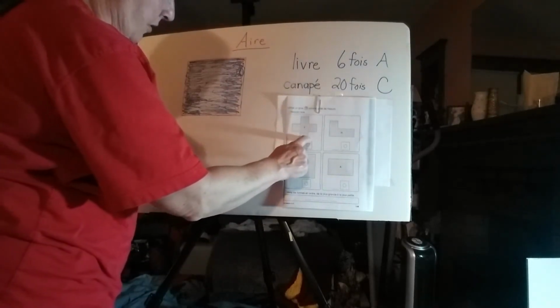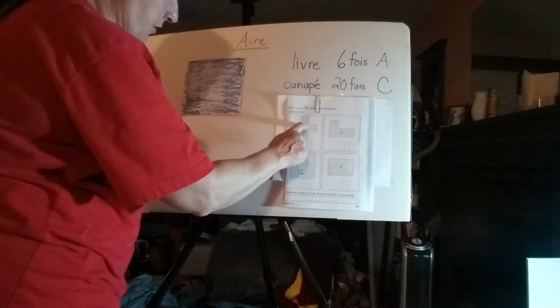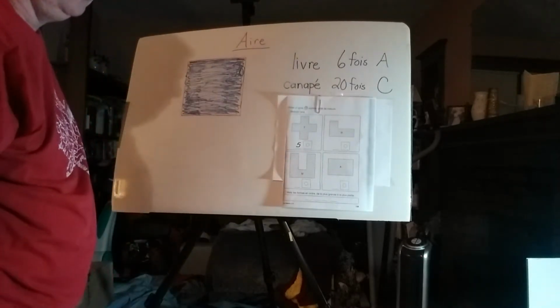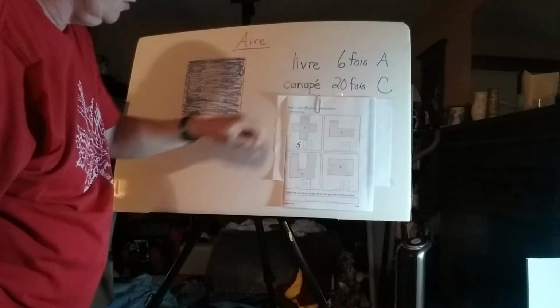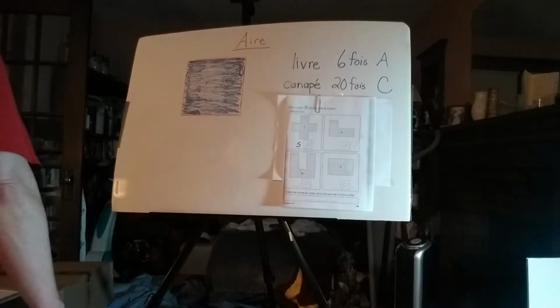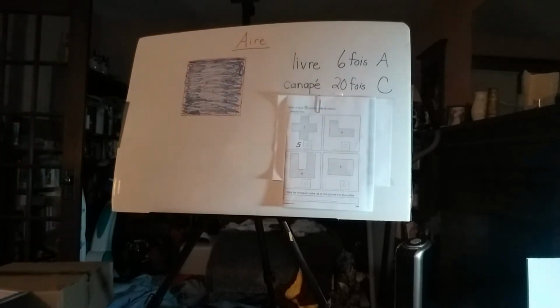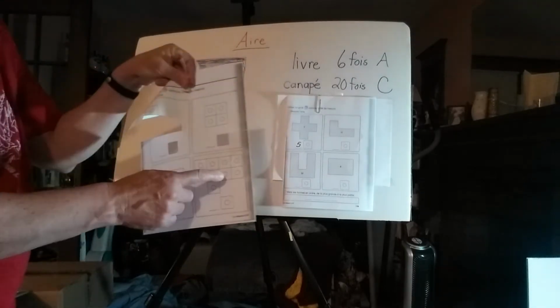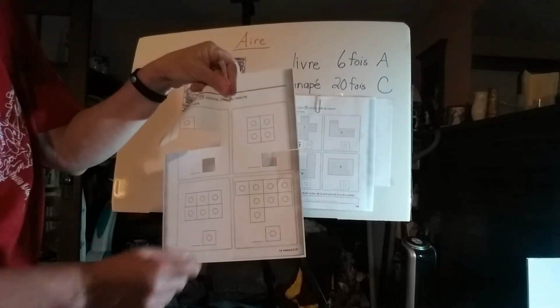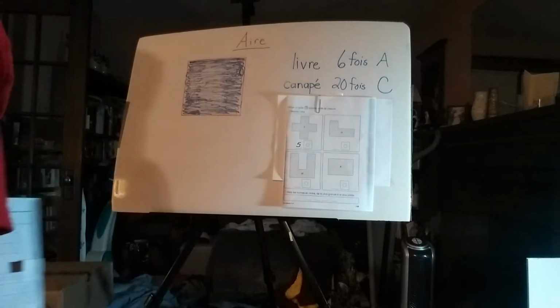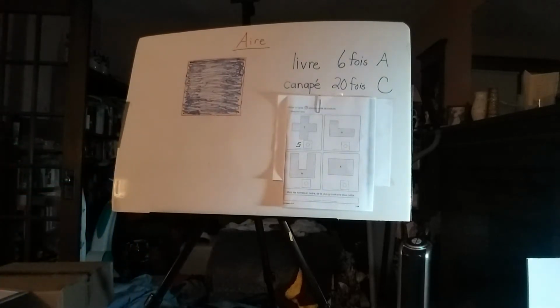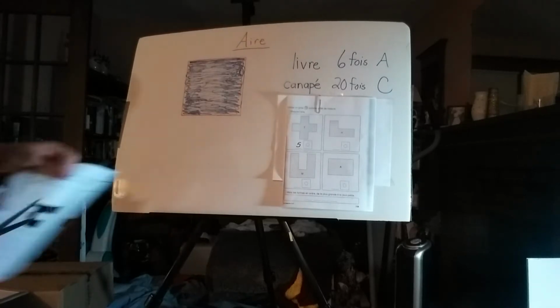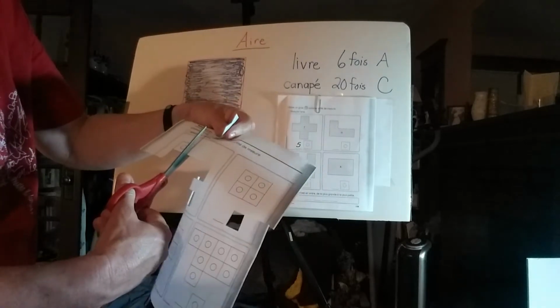It's in the shape of the cross, but we often see representing the Red Cross. I have also sent to you a paper with a lot of these little squares on here. So you have quite enough that you need to do what you need to do. I would ask you to cut out the little squares.